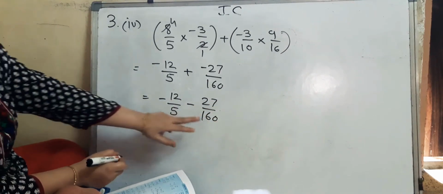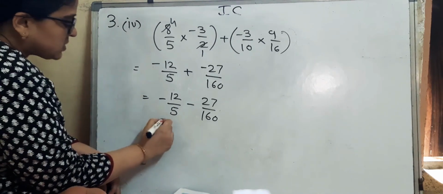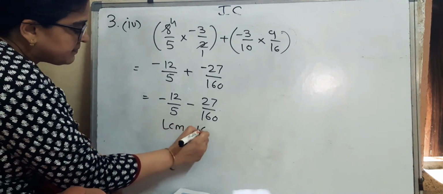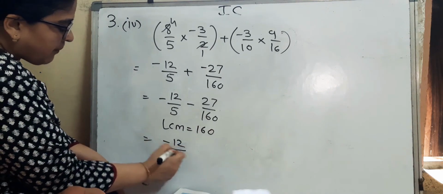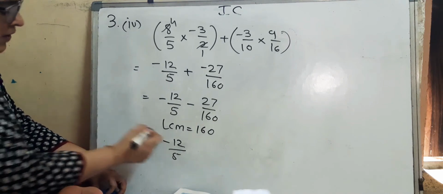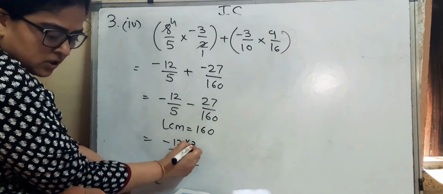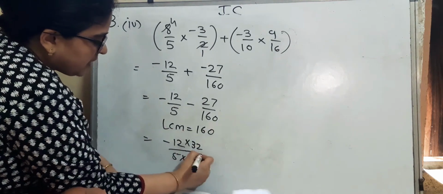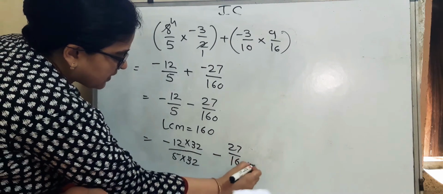Now LCM of 5 and 160 is 160, right? So the minus 12 upon 5 into 32, multiplied by 32, then minus 27 upon 160 into 1.